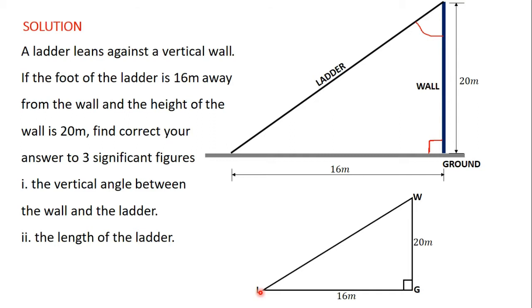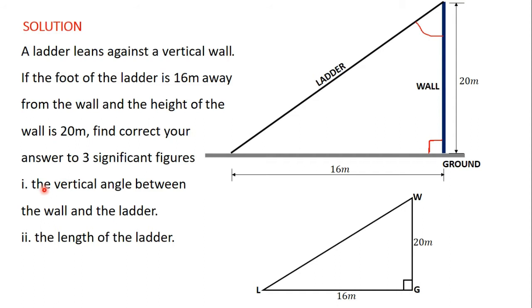I'll call this point here point L. I'll call this point here point W. Then I'll call this point here point G. From the diagram here, you can see that between W and G is 20 meters. Between L and G is 16 meters. And this is the right angle, as we can see.